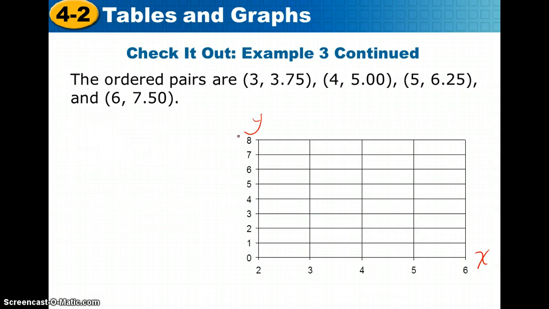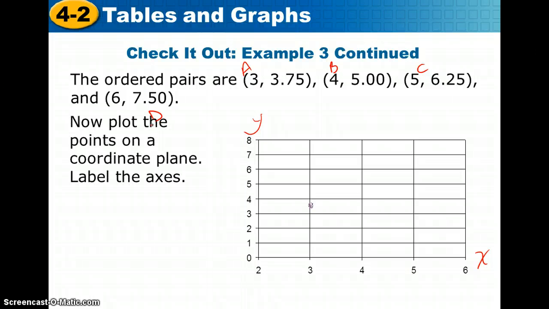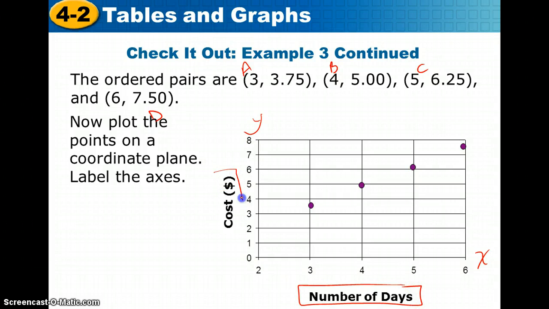All right, pause the tape now and try to plot those ordered pairs. Again, let's do A, B, C, and D. Pause. All right, here they are. We have number of days is our x, and cost is our y. How did you do?